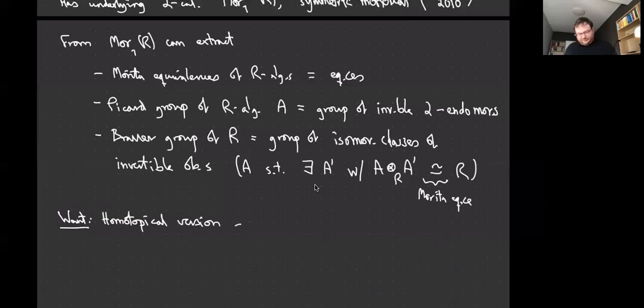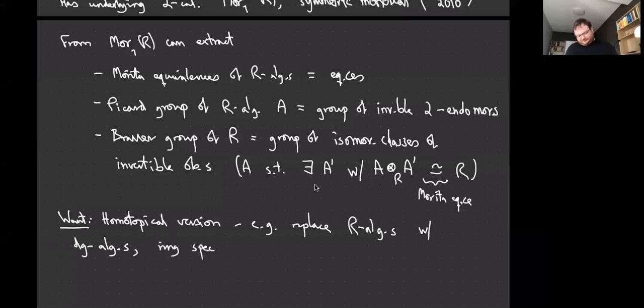For example, we might want to replace these ordinary R algebras with, say, associative differential graded algebras, so algebras in chain complexes of R modules, or more generally, you might consider these kinds of structures for ring spectra in the sense of stable homotopy theory.